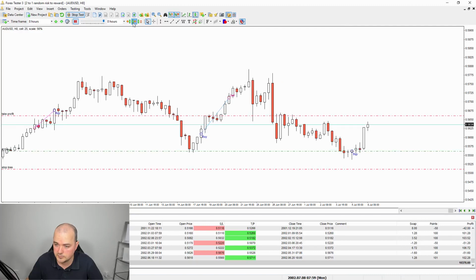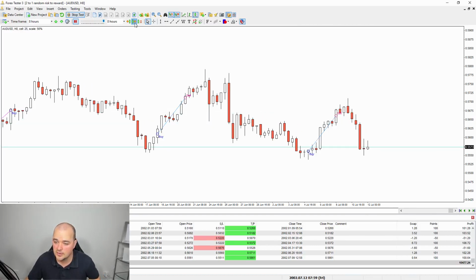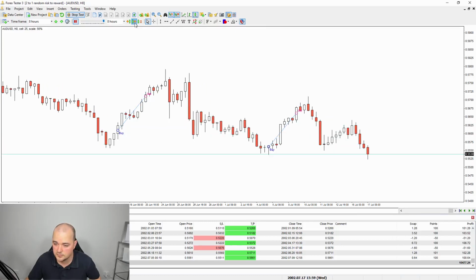So let's go. Nice. Okay, so that's another example of another random trade taken, which ended up being a winning trade. The account is now at $10,477. Okay, so let's go a bit more forward and take those last few trades, 5 more trades.